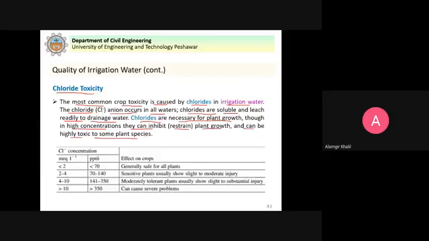These are the guideline values for the chloride concentration, milliequivalent per liter or parts per million.